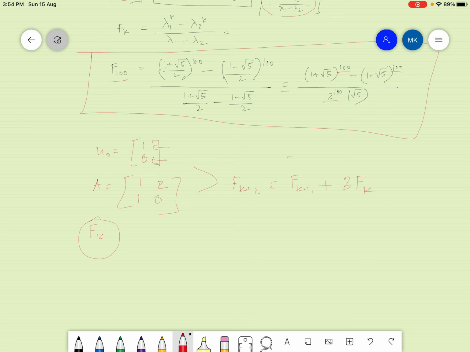That means, like any term, if I want you to find out, let's say, the 1005th term, then you need to find it by using the concept of diagonalization, using this definition.